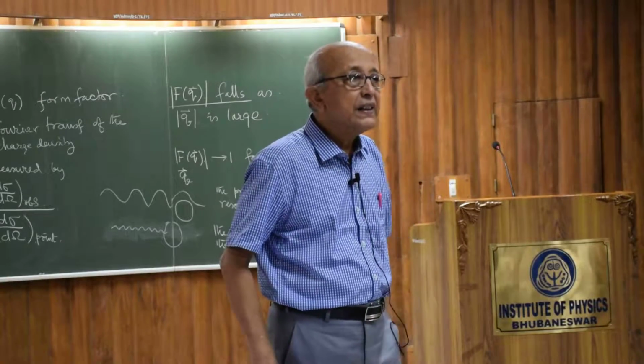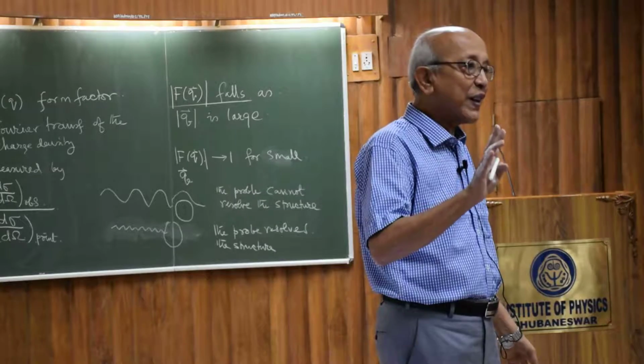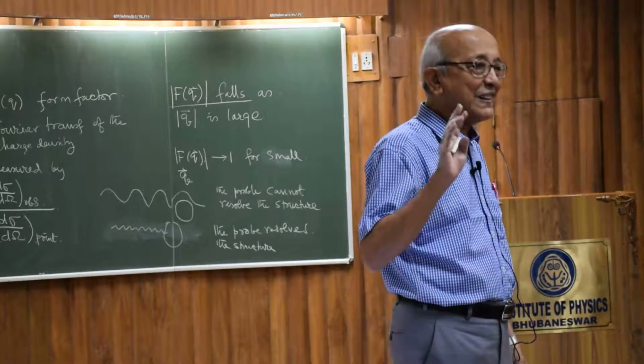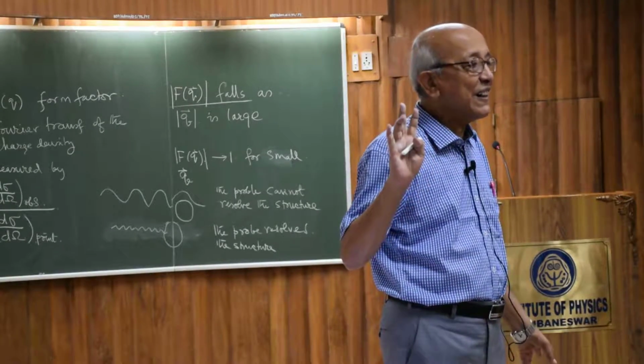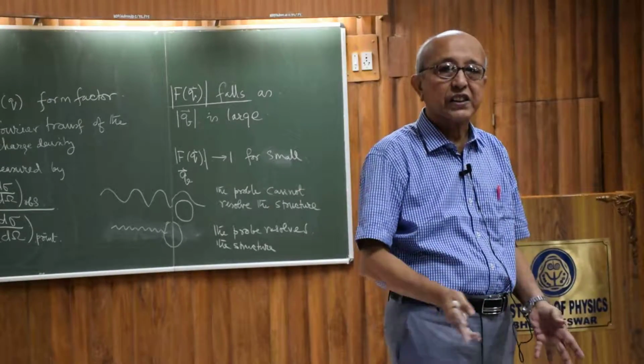Remember, gold has 79. I keep on forgetting, but I remember now that Z for gold is 79. So there are 79 electrons, so it is basically a charge cloud.